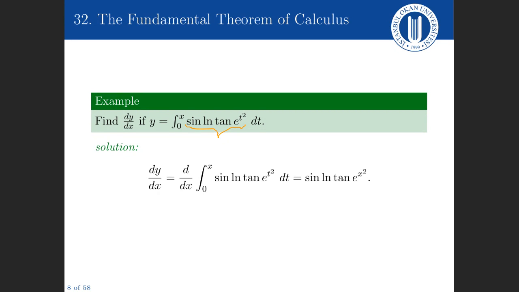If we wanted to, we could try to calculate this integral first and then differentiate it, but that would be a silly way to solve this problem. Instead, we take this integrand and replace t by x. The answer is just sine of the natural logarithm of tan of e to the power x squared.